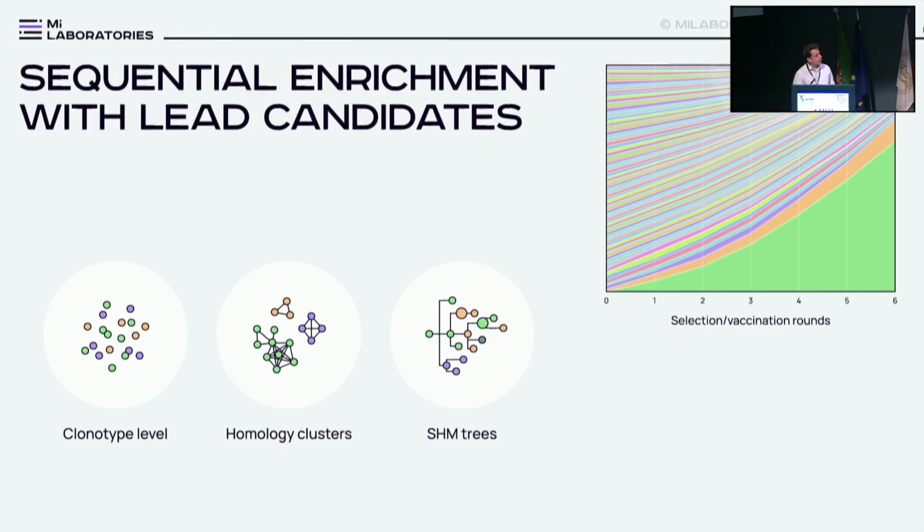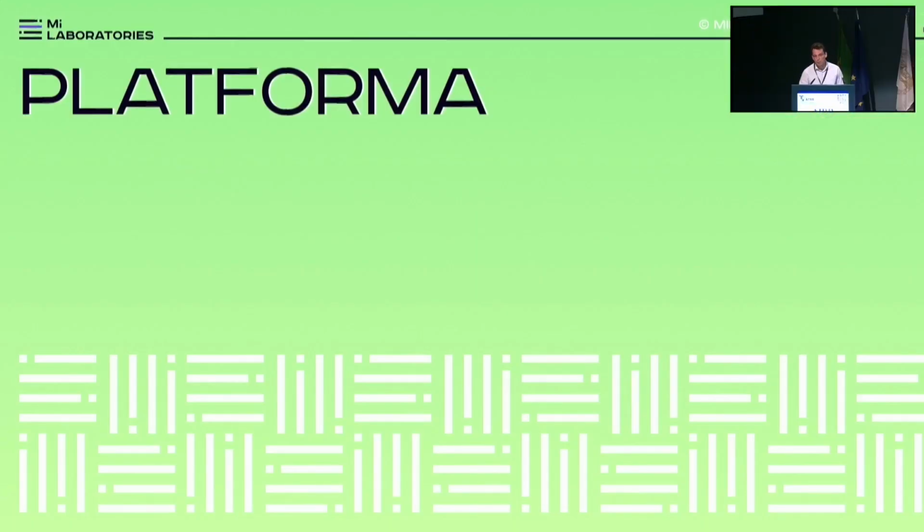In the recent versions of MiXCR, we have specific functionality to identify antibody candidate leads both on the clonotype level, of the homology clusters, and somatic hypermutation trees. In fact, B-cell lineage reconstruction and somatic hypermutation trees is a very important part of modern MiXCR. So those are the three things I wanted to highlight about the recent developments of MiXCR.